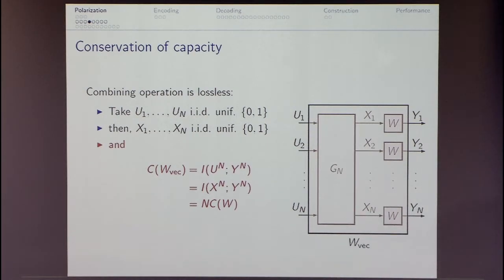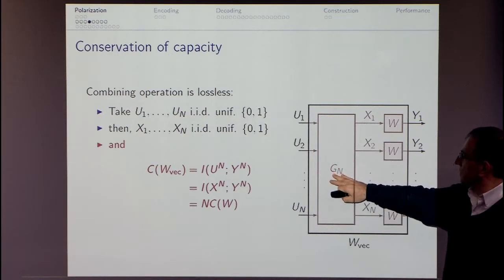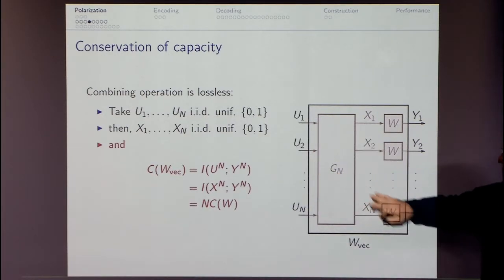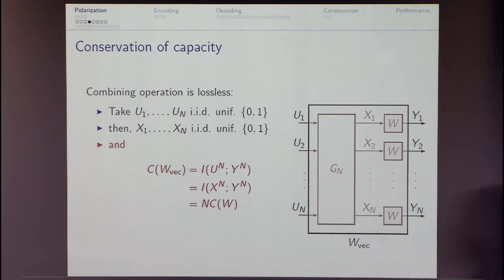But the question is, okay, suppose you put in here a good matrix. Then the problem will get extremely complicated. You have a huge output space, and doing ML decoding, even for a binary input channel, may be quite difficult.